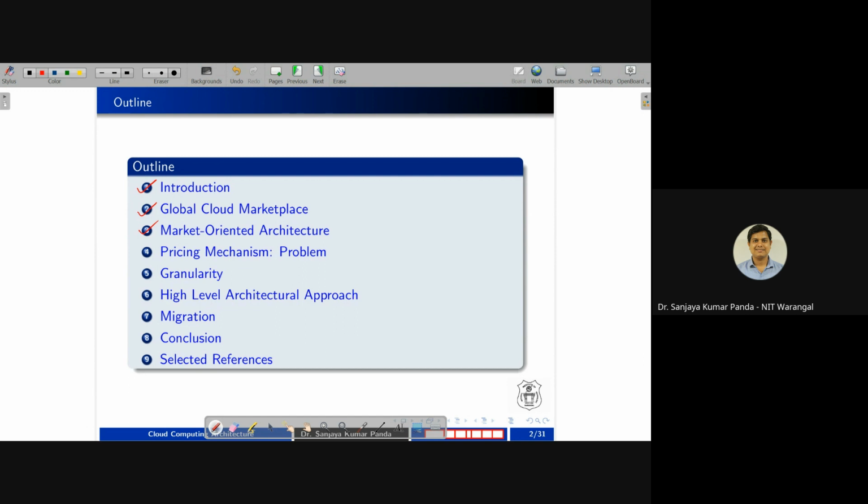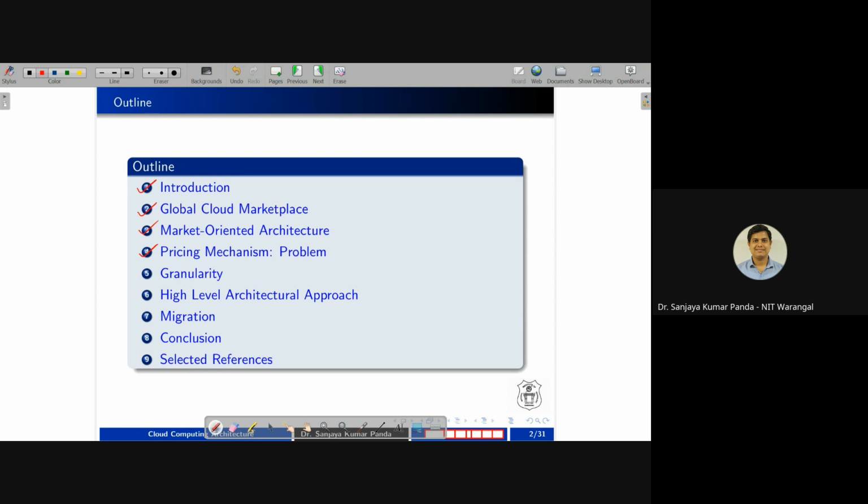Or I can say, irrespective of the time, I am going to fix a particular price. So there are different types of pricing mechanisms. I'll tell you about some of the pricing mechanisms, and based upon that, we are going to solve a couple of problems. Some numerical problems we are going to solve using the pricing mechanism.